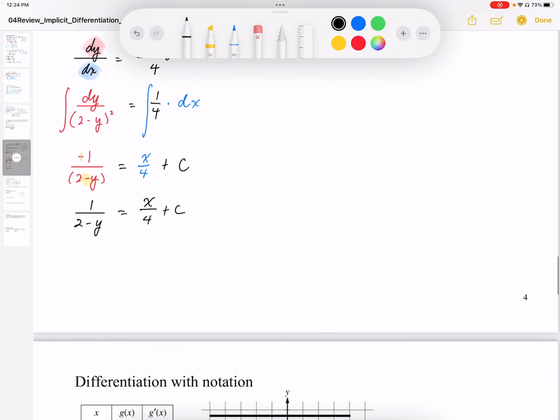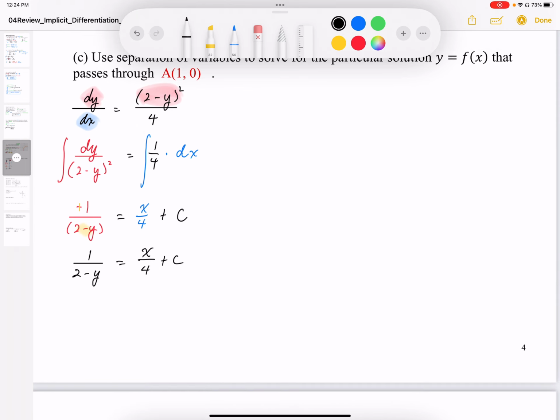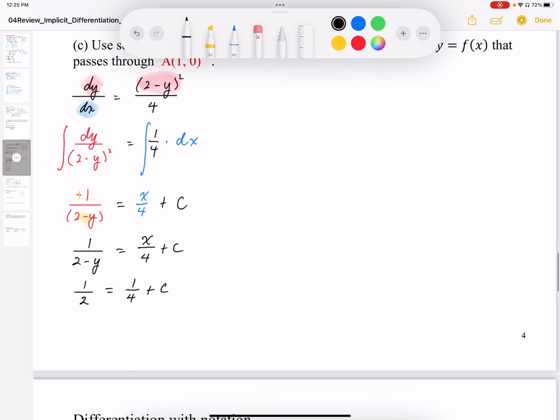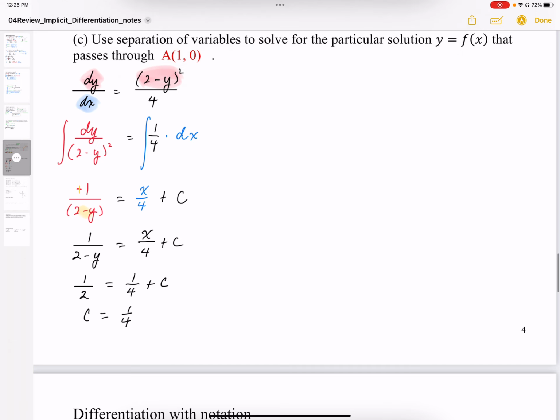Plugging in 1 and 0, I get 1 over (2 minus 0) equals 1 over 4 plus c. Solving for c, I end up with c equals 1 over 4.